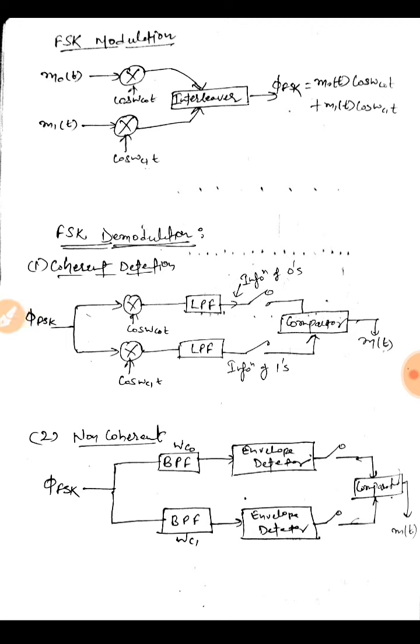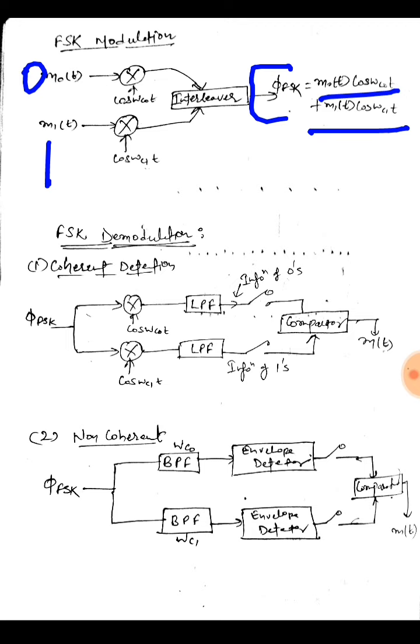In this case it will generate m0 cos omega c0, and if it is 1, it will generate m1 cos omega c1 t. So this is the equation of FSK, that is m0(t) cos omega c0 t plus m1(t) cos omega c1 t, one frequency for 0 and one frequency for 1.